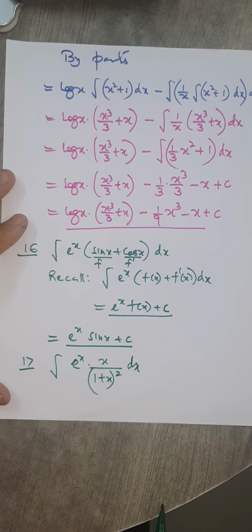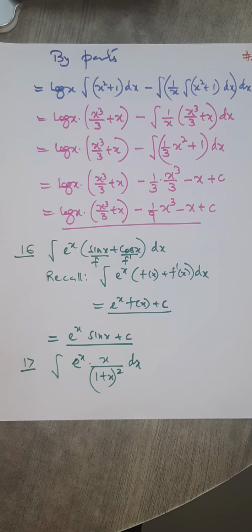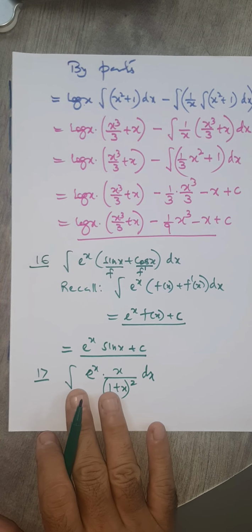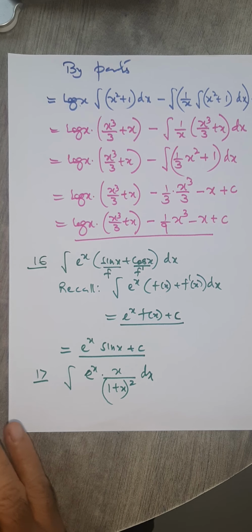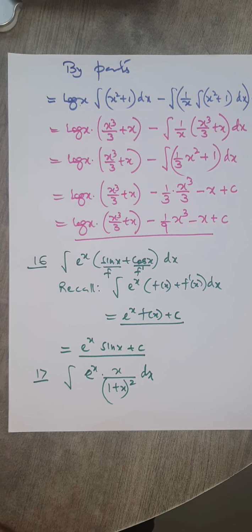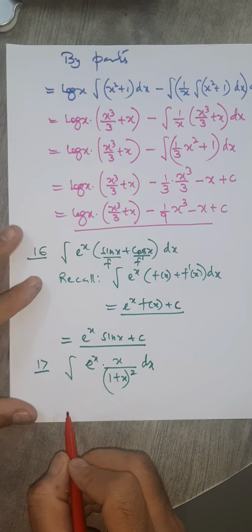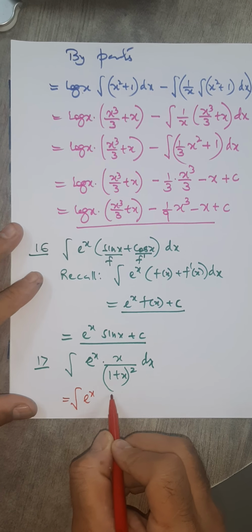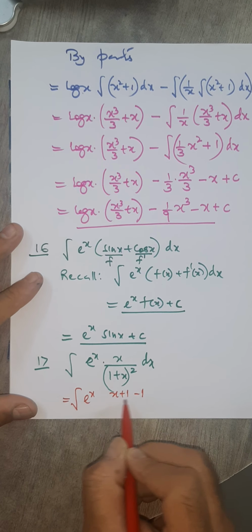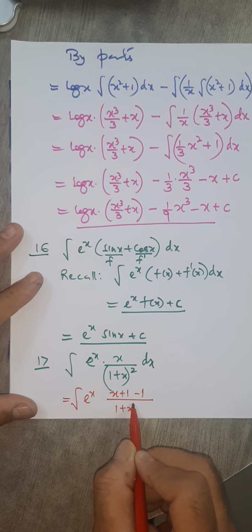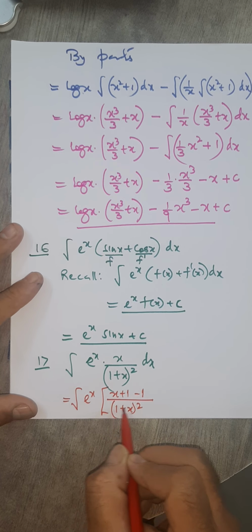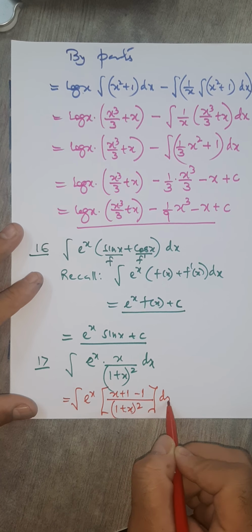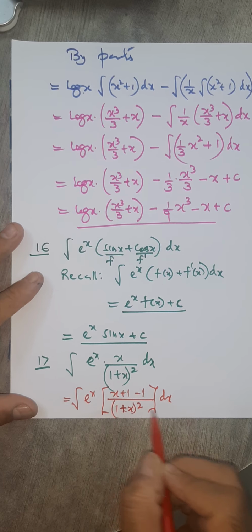You keep e raised to x aside, remember. Now, you know, in integration we always try to set the denominator expression into the numerator. So I can rewrite here x plus 1 minus 1 upon 1 plus x the whole square. What I've tried here, I've tried to set this expression over there.